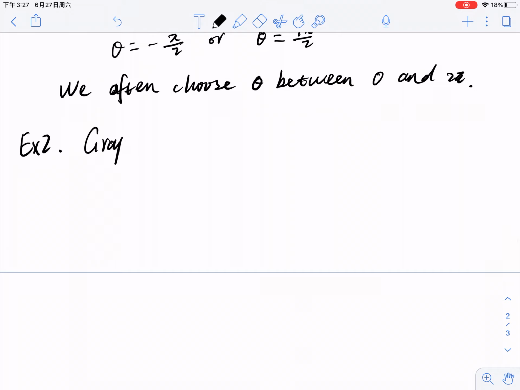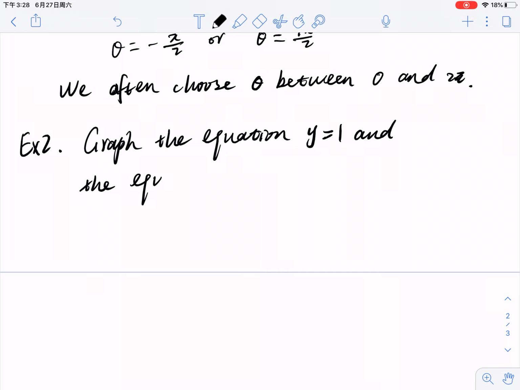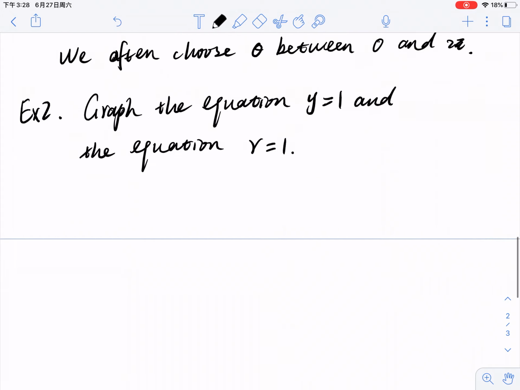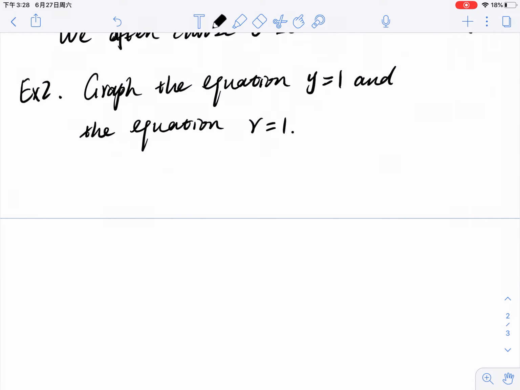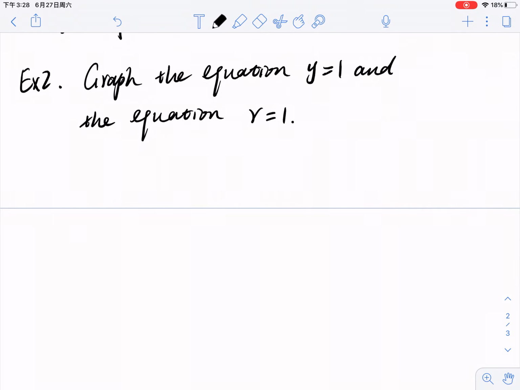Graph the equation y is 1 and the equation r is 1. The equation y is 1 is a horizontal line. On this line, each y coordinate is 1.